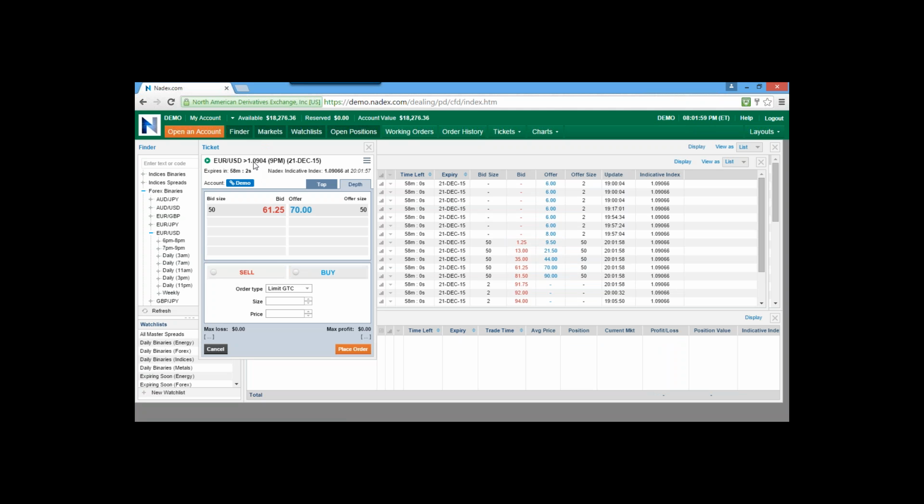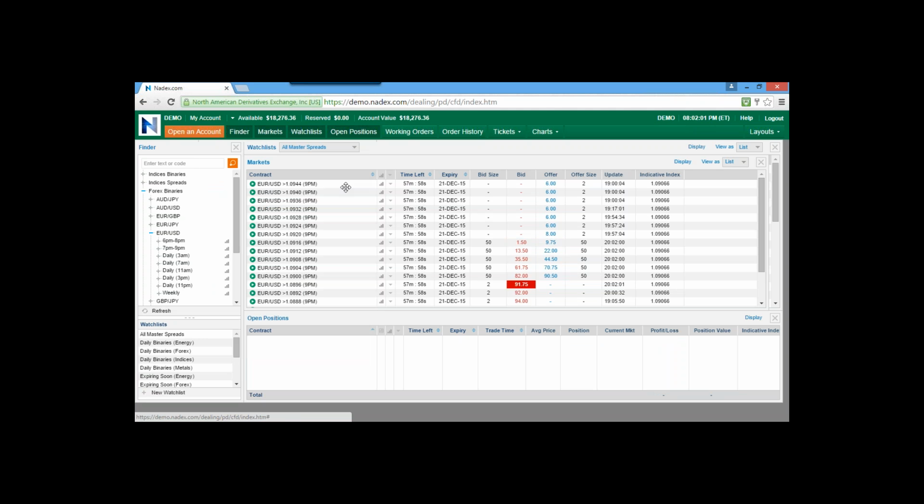We understand what out of the money is. Those are way out there. We understand what the at the money is, where the market and the strike price are right close together.